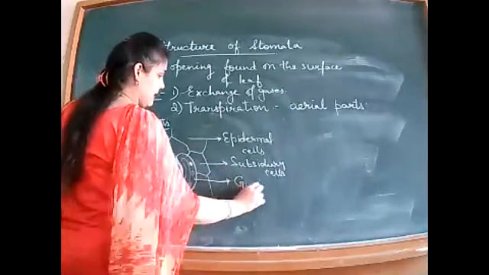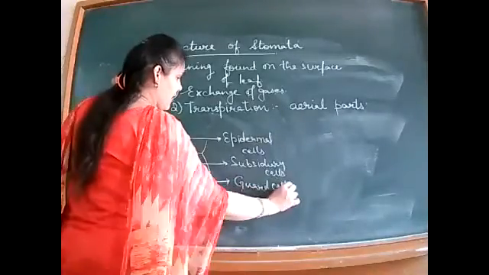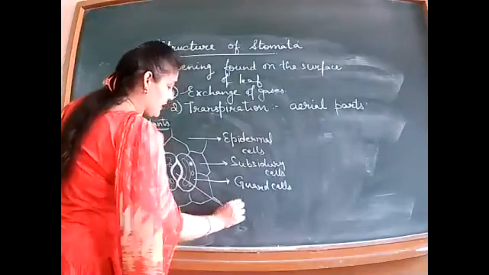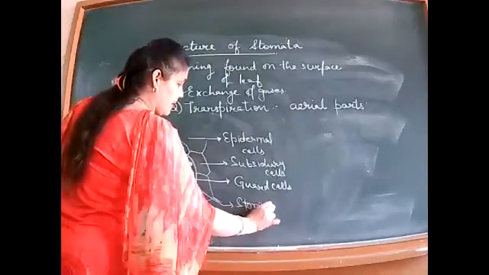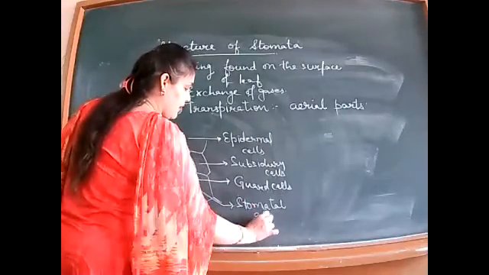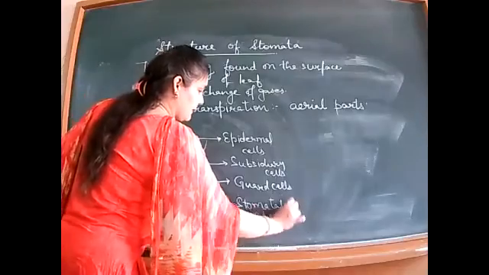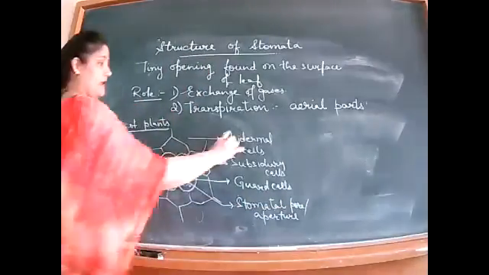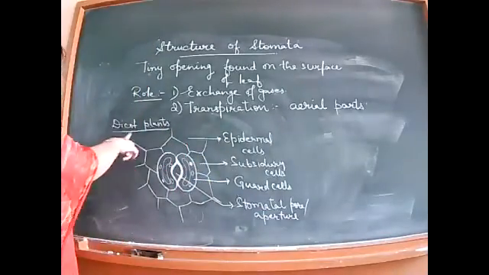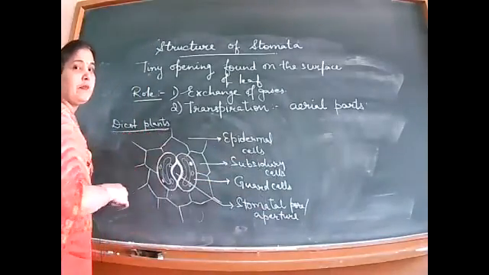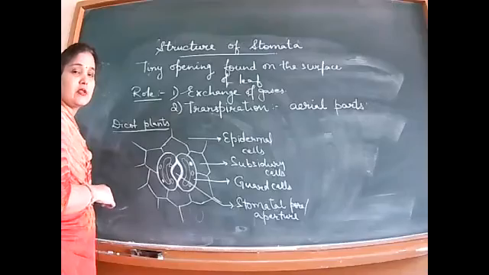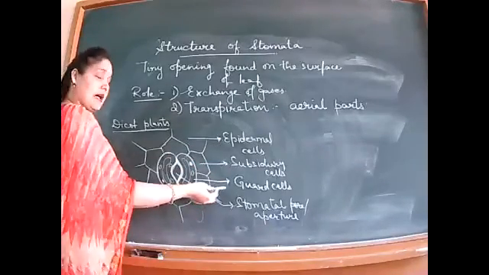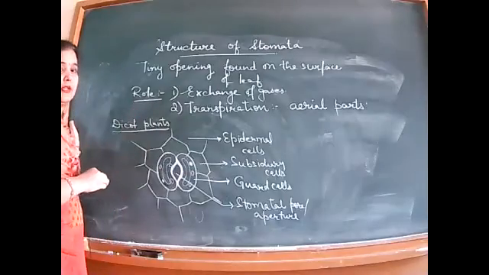These are the guard cells. All these three components, along with the stomatal pore or aperture, together make the stomatal apparatus. You may be asked, what are the components of the stomatal apparatus? So it is the epidermal cell, subsidiary cell in a few, guard cells, and stomatal pore or the aperture.